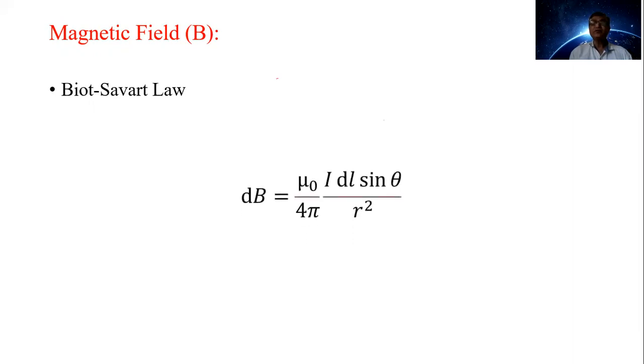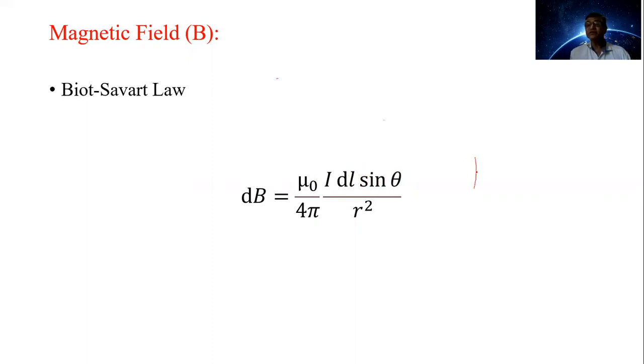We know the magnetic field produced due to a current length element is given by the Biot-Savart law. The magnetic field due to the current element at a point is given by dB equal to mu 0 upon 4 pi, I dl sine theta upon r square, where theta is the angle between the current element that we see here.